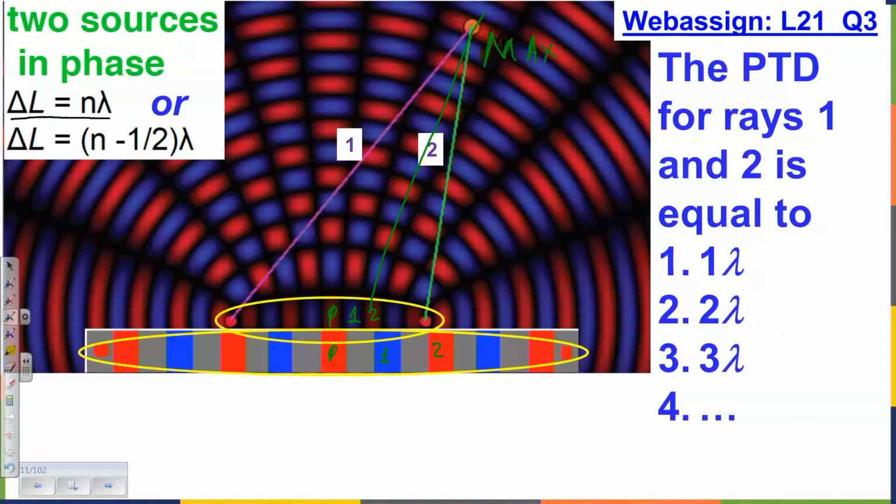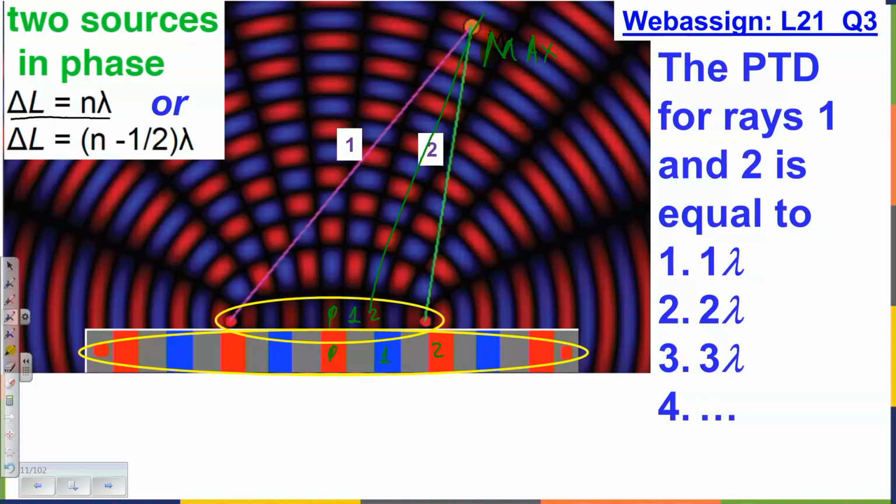And there is a slide in the future with some terminology. We don't call the middle maximum the 0th maximum. We call it the central, because it's at the center of the picture in the middle. The first next to the central we call the first. The second next to the central we call the second. That's it.